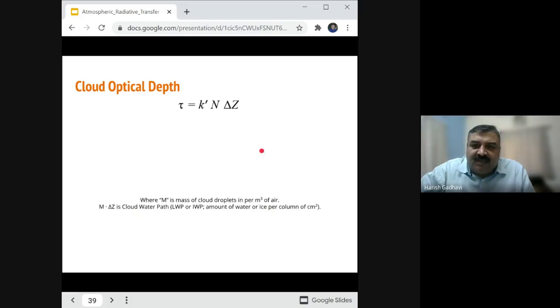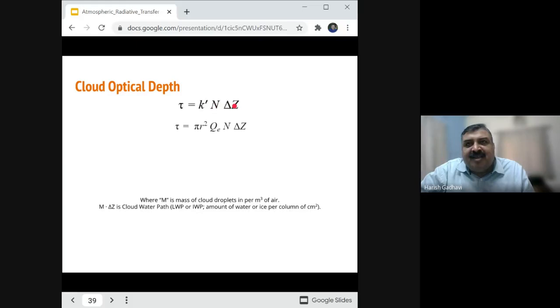So our equation is like this: K prime is a cross section, n is the number of droplets per centimeter cube or per meter cube of air, and delta Z is the thickness of the cloud. Now, I have made one small mistake here. It's not a mistake actually; I have not mentioned the convention.